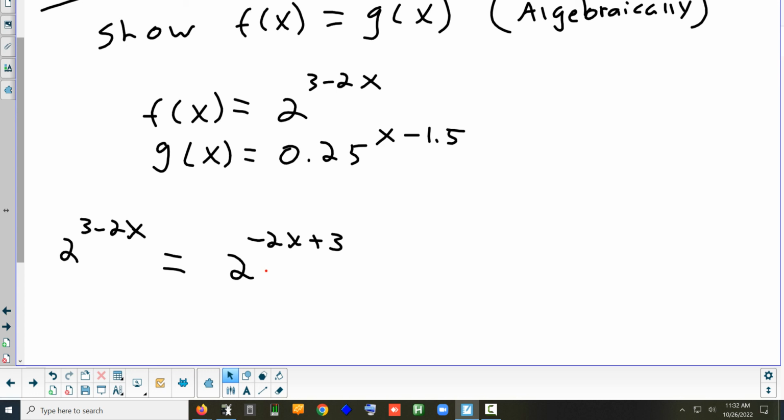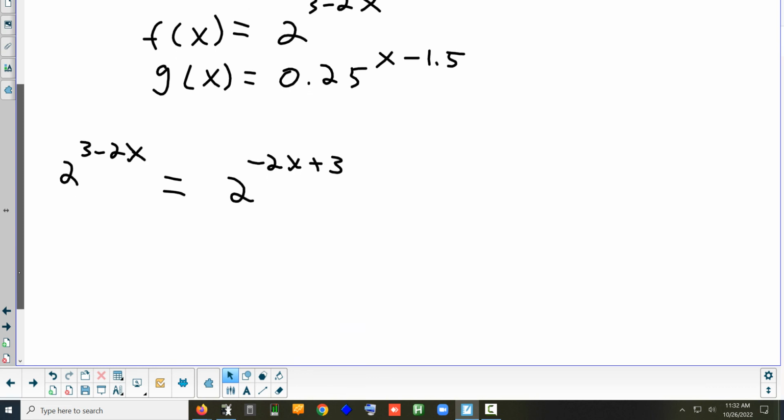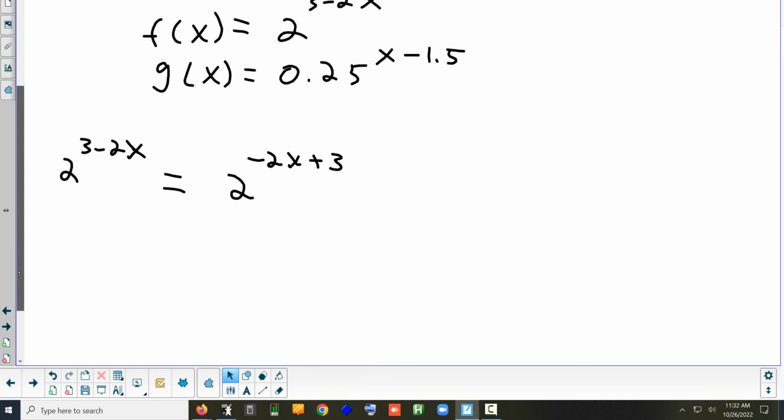So now at least it's letter, number. That's the same. And we are going to factor something out. Does anybody see what we could factor out? It would start to make this exponent look more like that one. A -2. If you factor out a -2, you're left with x minus 1.5.